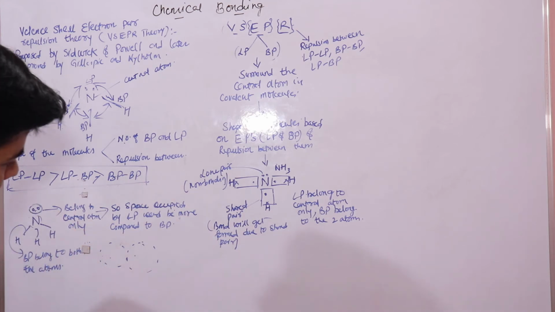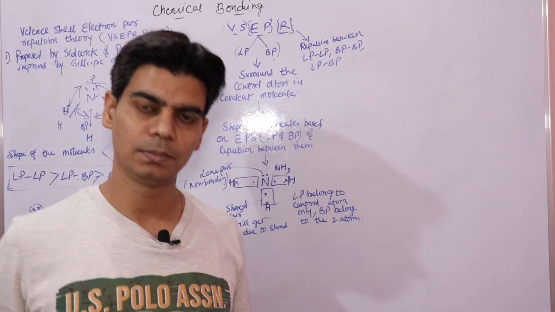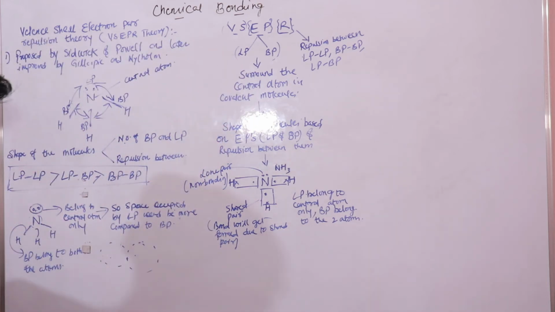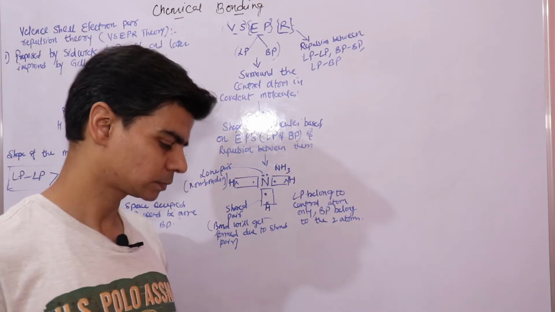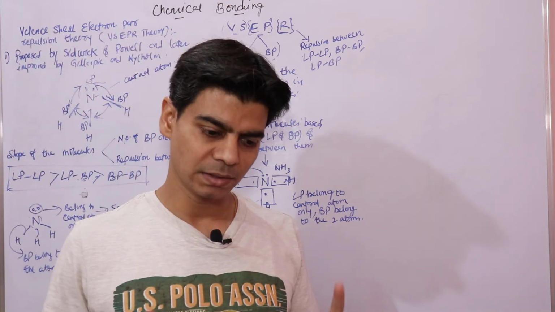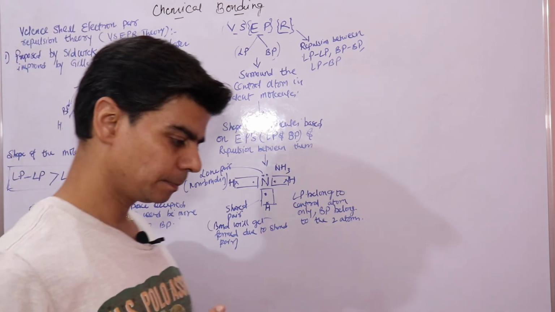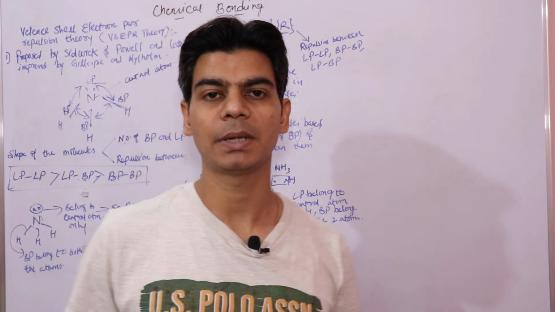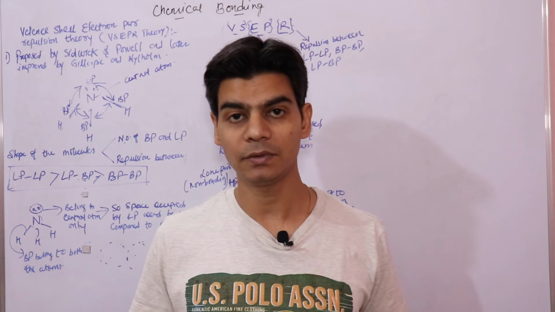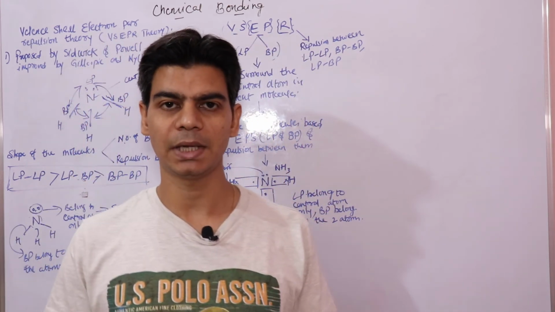Now let's study more about these lone pair and bond pairs, because these are what will decide the shape of the molecules. These lone pair and bond pairs, I said, experience the force of repulsion, right, and we know that if there is any kind of repulsive force, then that will try to destabilize the molecule, or that will increase the energy.